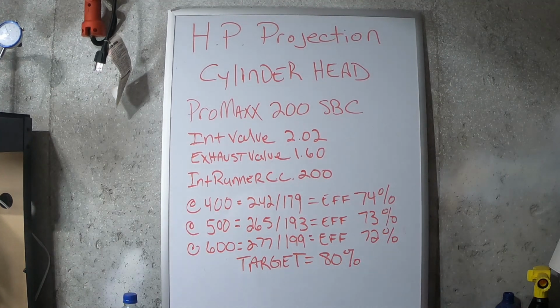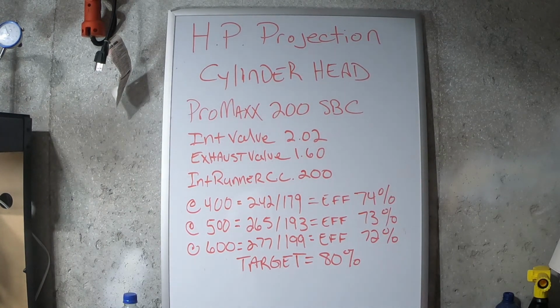Now, the cylinder heads that I have been looking at, and the ones from a price point and performance that make the most sense for what I'm trying to do, seem to be the Pro Max 200 small block Chevy cylinder heads. Not going to go into the specifics on the price, but they're mid-ranged heads for a set.